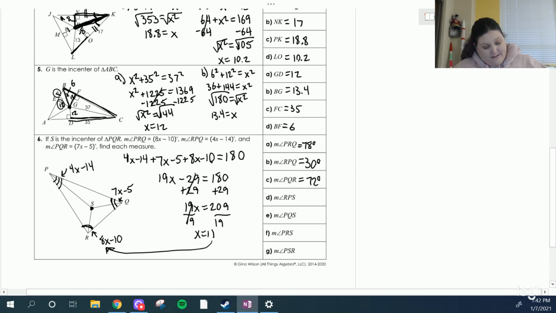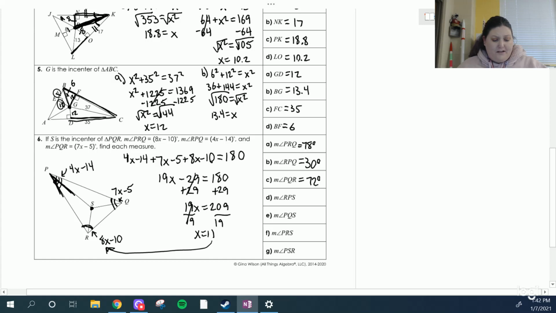Next one is the measure of angle RPS. RPS is this tiny angle here. So remember, the incenter is made up of the angle bisectors. So all I have to do is take the measure of RPQ and divide that in half.